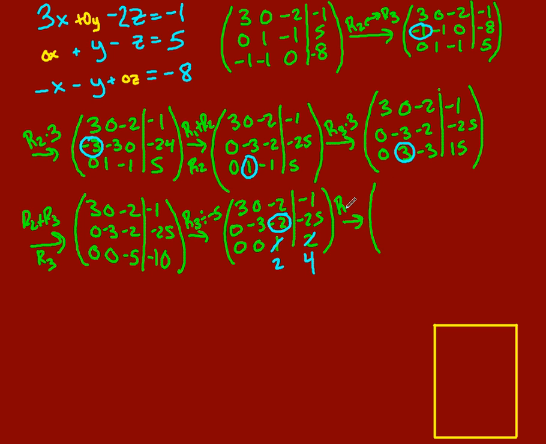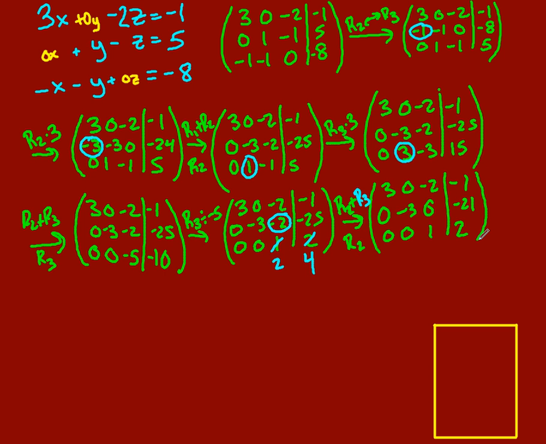So now with my new row, row 2 plus my new row 3, and I'm plugging into row 2 because that's what I want to change. Top row stays the same. Bottom row stays the same. My new row 2 should be 0, -3, -2 and 2 is 0, -25 and 4 is -21.